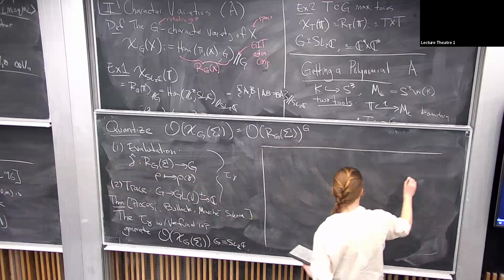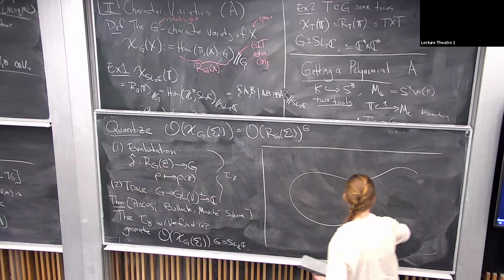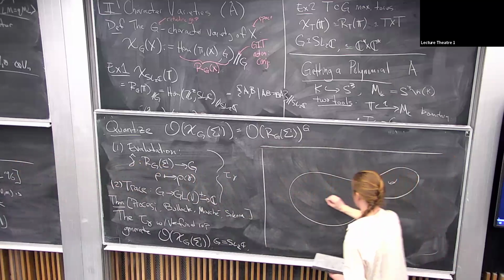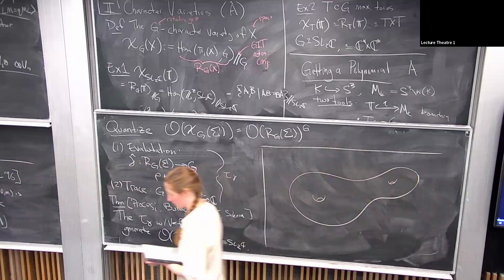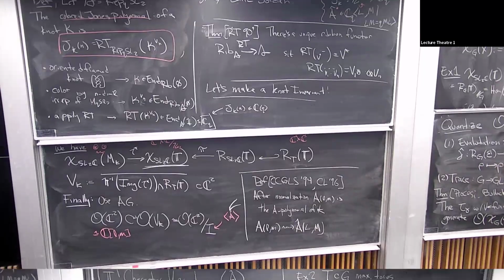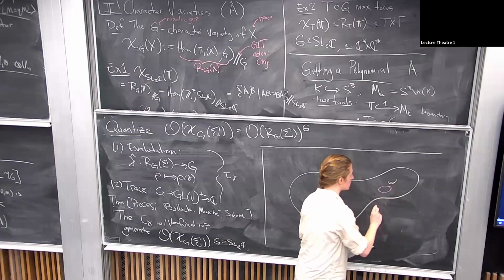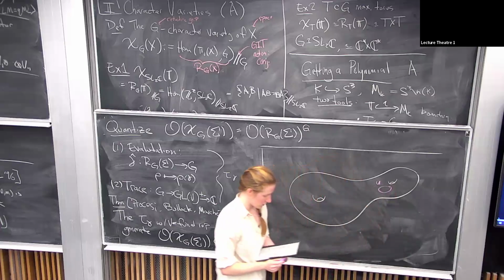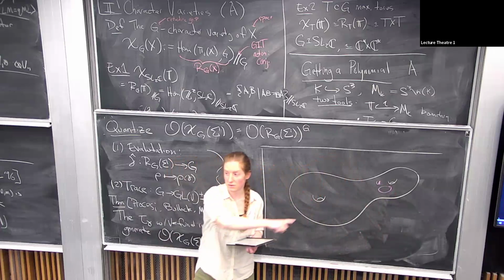Let's look at what's going on topologically here. Let's take a genus 2 surface. So let's start drawing homotopy classes on the surface. Say I have something here, a loop, and it's colored by U. Let's see, what function does this look like?